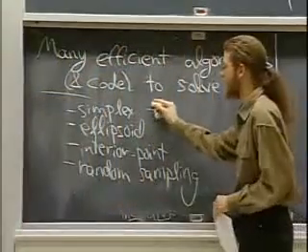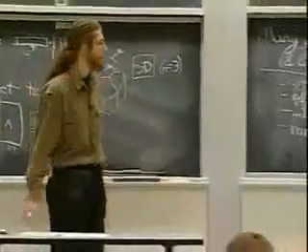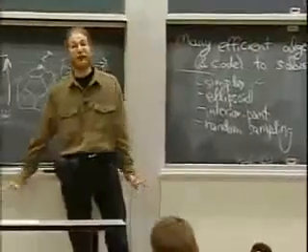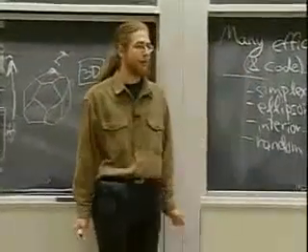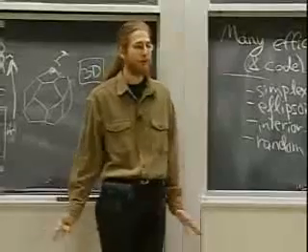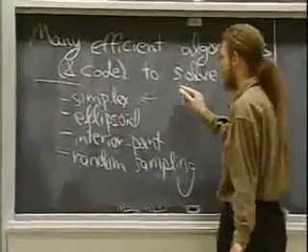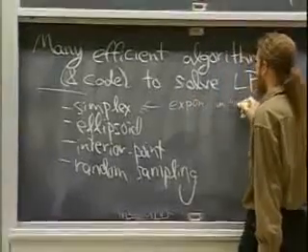Simplex algorithm, this is one of the first algorithms in the world in some sense, certainly one of the most popular. It's still used today. Almost all linear programming code uses a simplex algorithm. It happens to run in exponential time in the worst case, so it's actually pretty bad theoretically. But in practice, it works really well. There's some recent work that tries to understand this, but it's still exponential in the worst case.